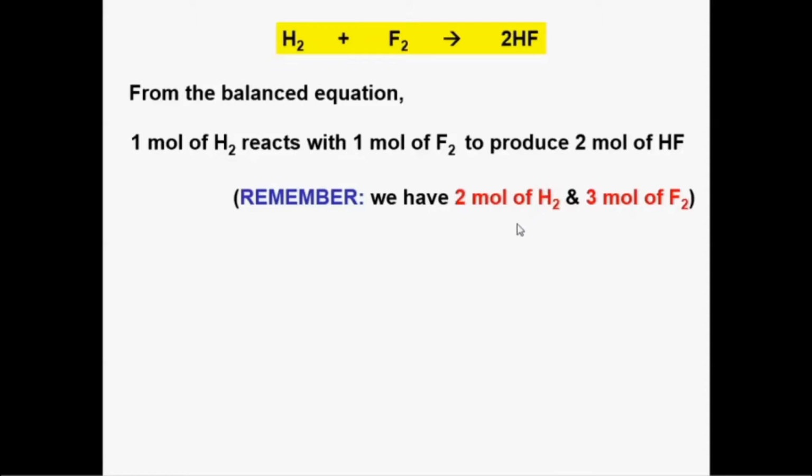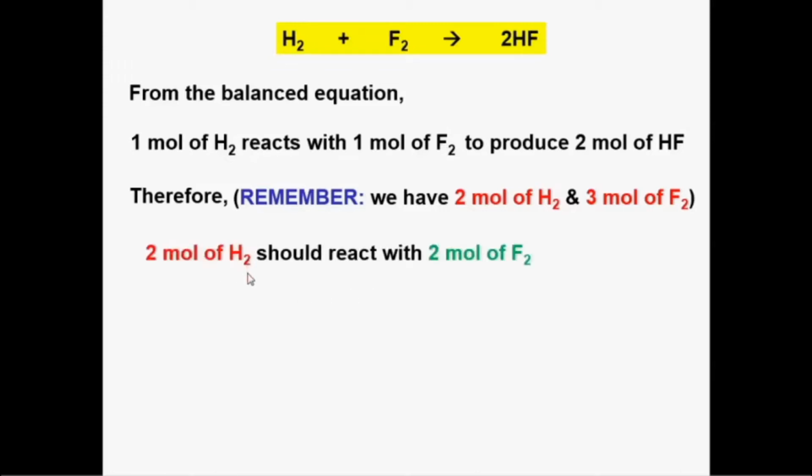If we have 2 moles of hydrogen, remember, 1 mole of hydrogen should react with 1 mole of fluorine. In this case we have 2 moles of hydrogen, so 2 moles of hydrogen should react with 2 moles of fluorine. Got it?